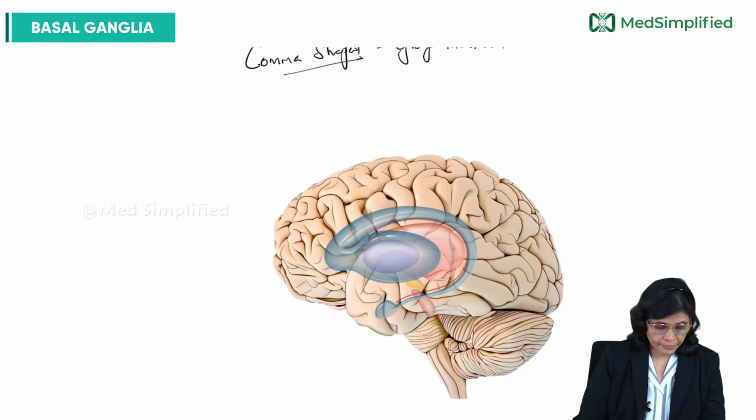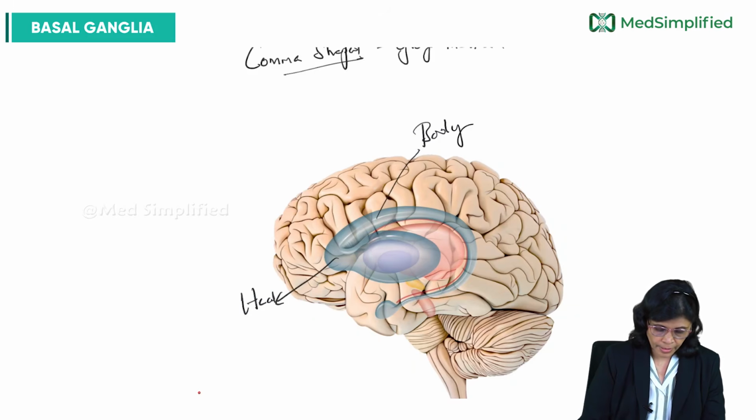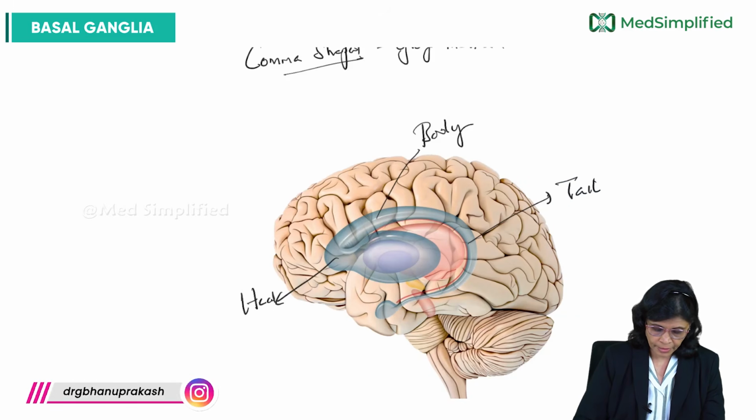The caudate nucleus has a head, a body, and a tail part, and the tail terminates in the amygdaloid body.